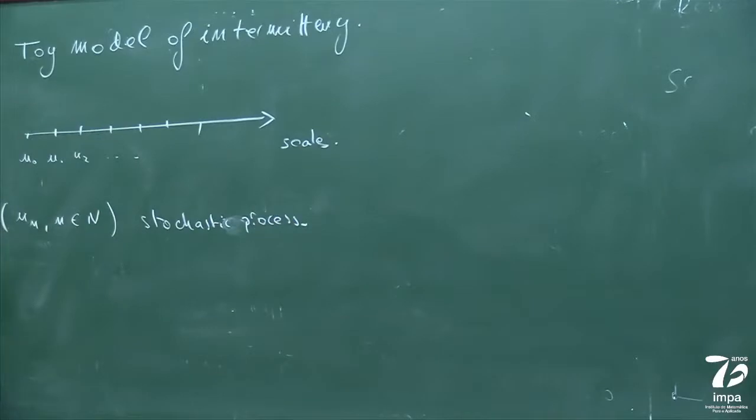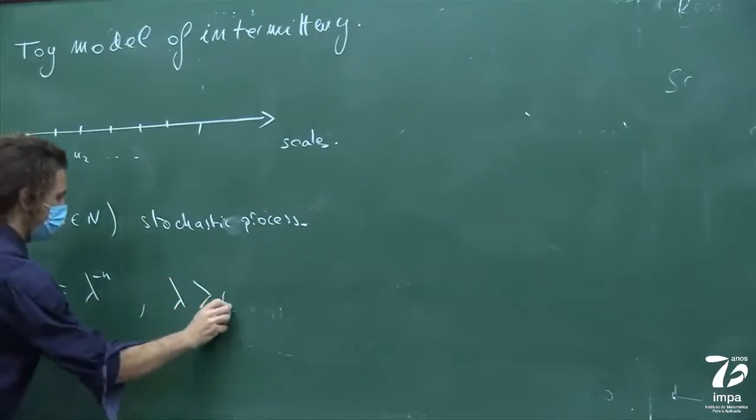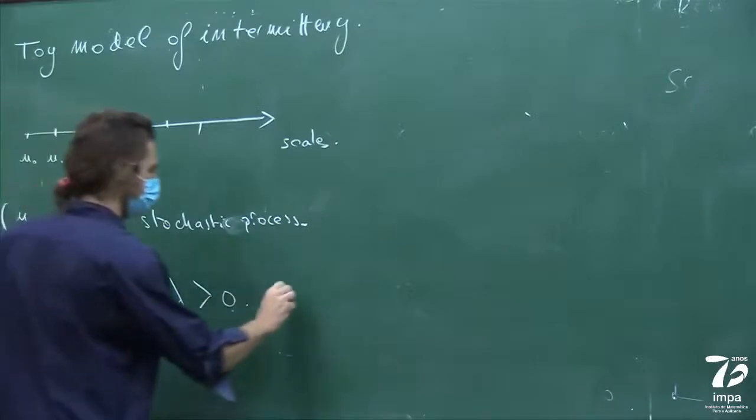For each value of n, we associate a length, which is Ln equal lambda to the power minus n, with lambda larger than 1.